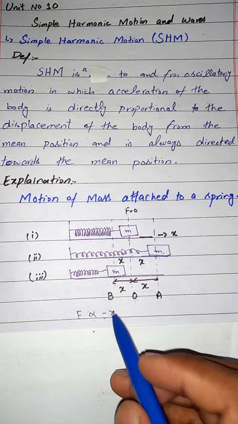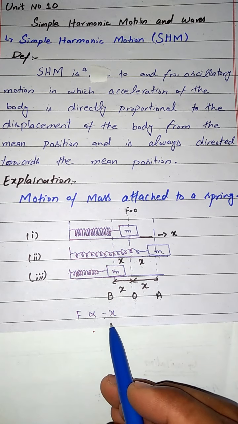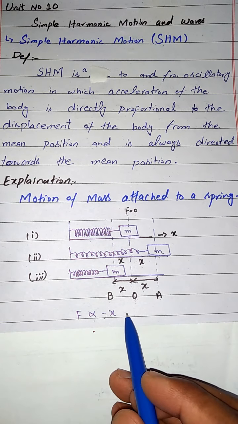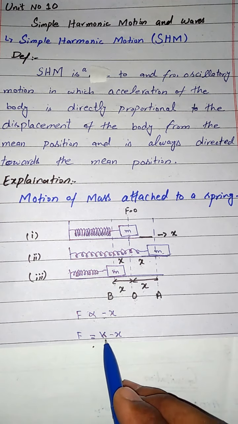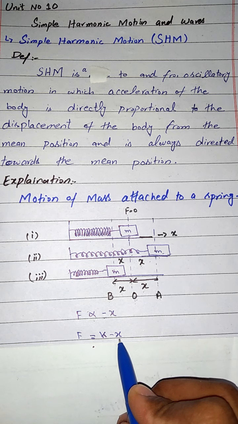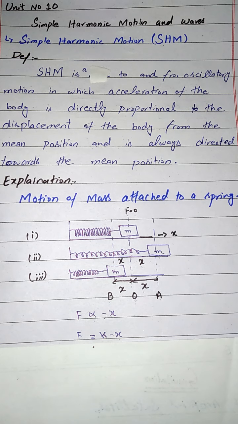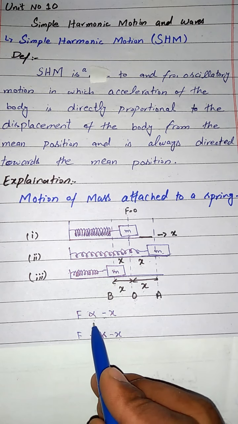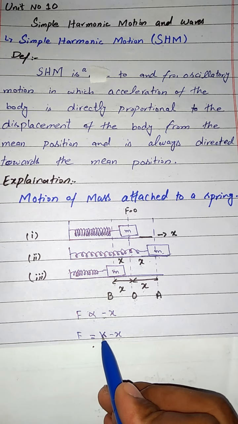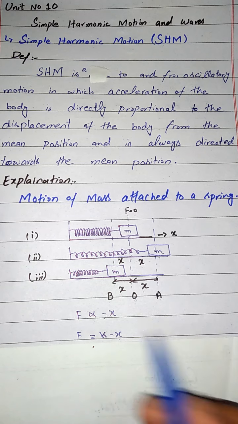Clear? Now x is the displacement of the mass from the mean position O. Here F is equal to minus k x. The proportionality sign is replaced by the constant k, and k is called the spring constant.